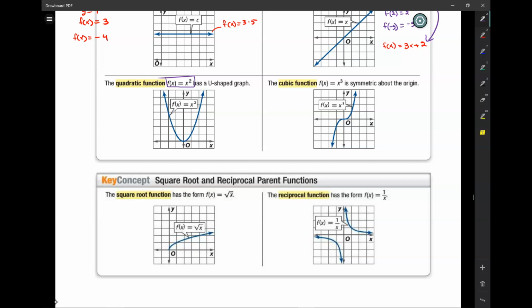Right? So when I give it a value of 2, it gives me back the square of 2, 4, okay? So if we're talking about functions, if you move over, if you change the x value, how does the y value change?